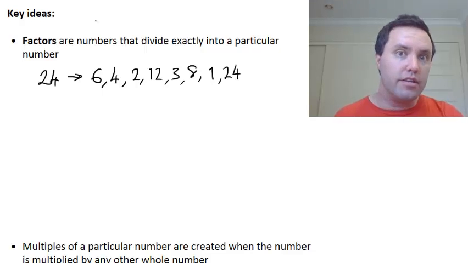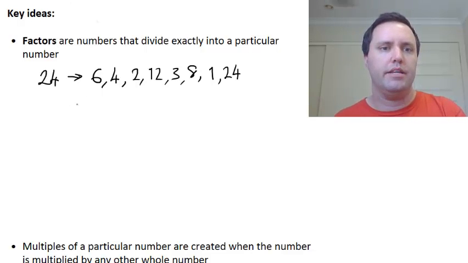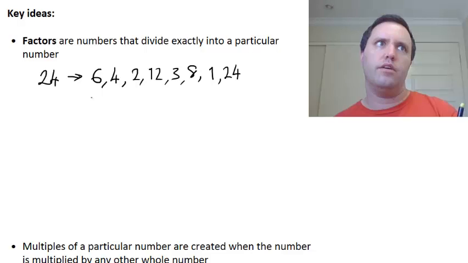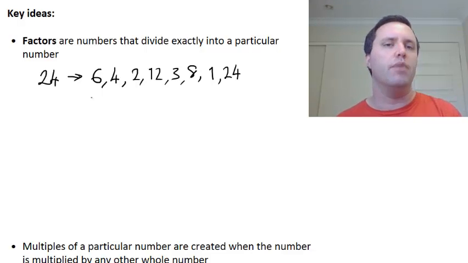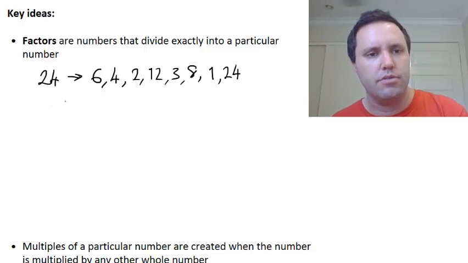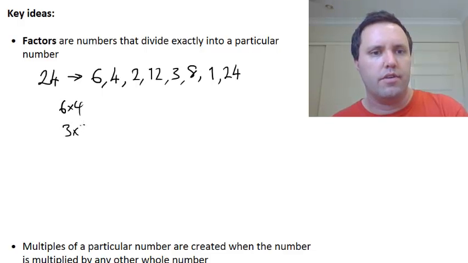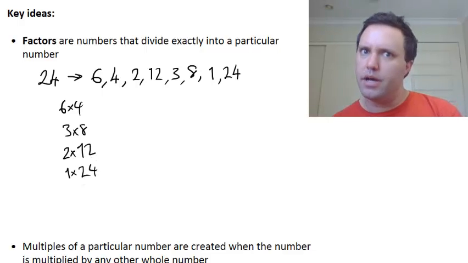Now you'll notice that they occur in pairs. So sometimes when you list out the factors of a number, it helps to go, okay, 24, I can make that by 6 times 4, or 3 times 8, or 2 times 12, or 1 times 24. So that's a pretty easy way to go about it.